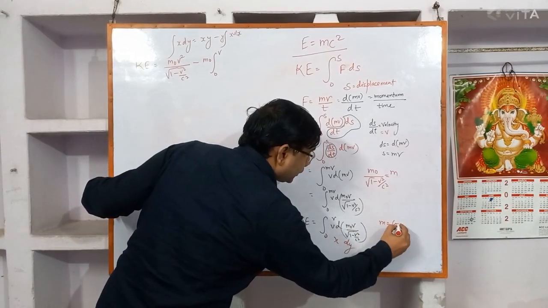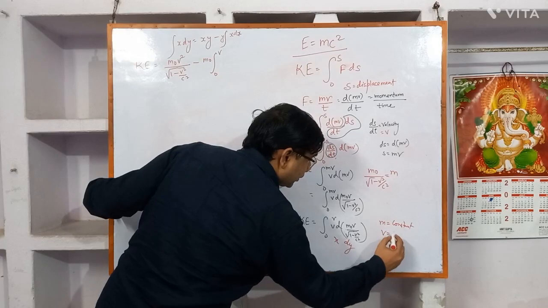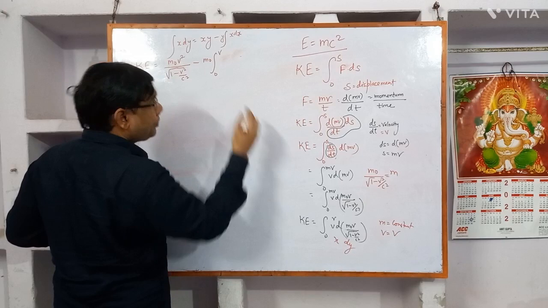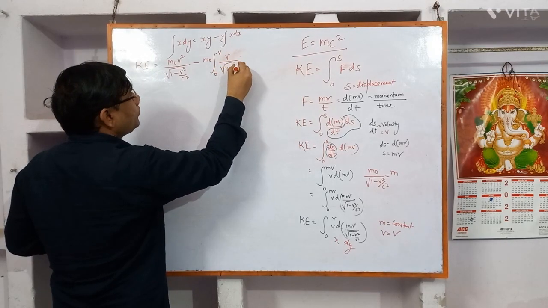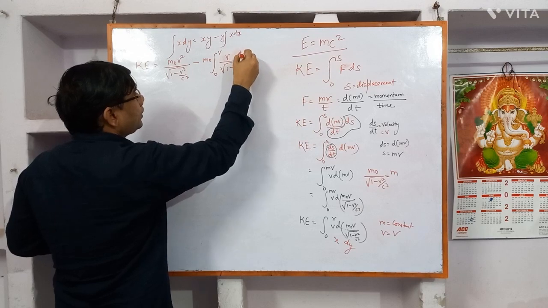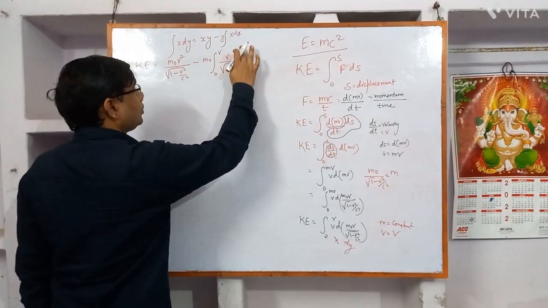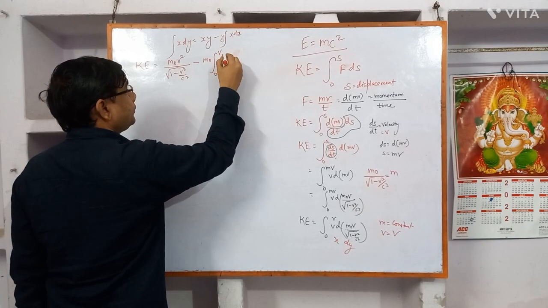Now m is constant, so the limit is v, not m. So v upon under root 1 minus v square upon c square or d(mv). Here d(mv).